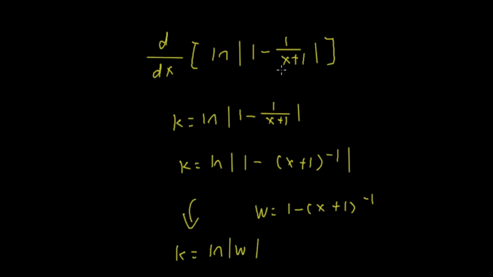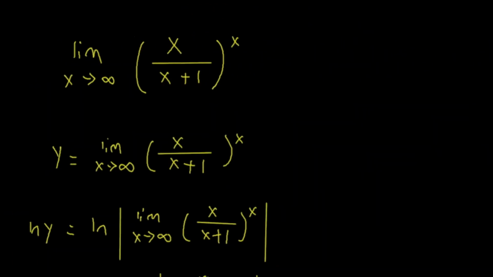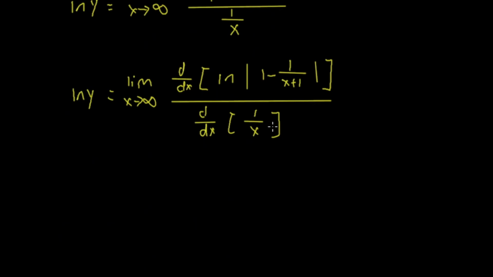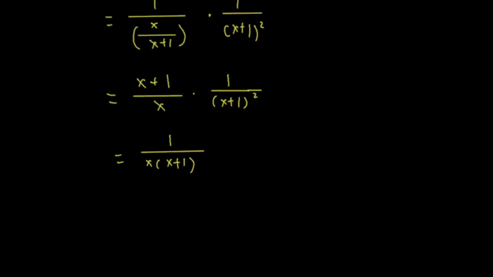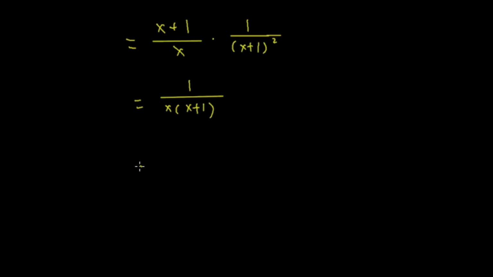Now, of course, at the bottom, right? The derivative of 1 over x here. That's just equal to the derivative of x to the power of negative 1, right?